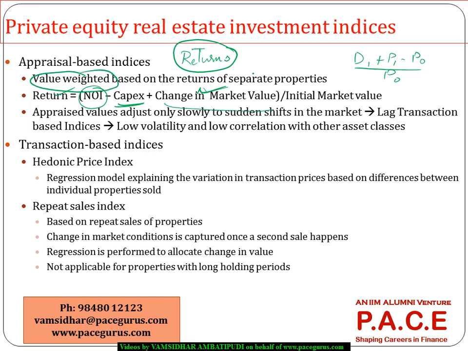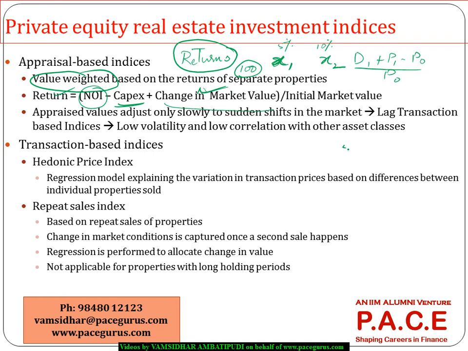So if property 1 has a value of x1 and property 2 has a value of x2, and one has grown by 5% and the other has grown by 10%. Now all we are saying is, let's say the initial index was 100, right? So the value weighting is based on the returns of the separate properties.